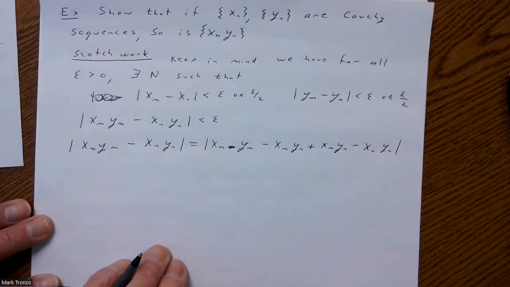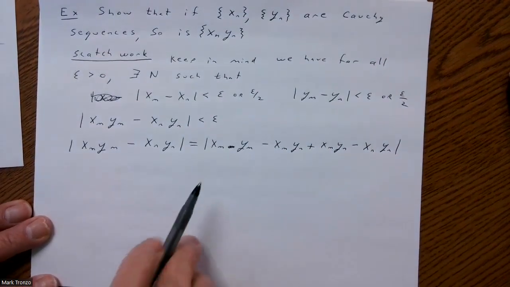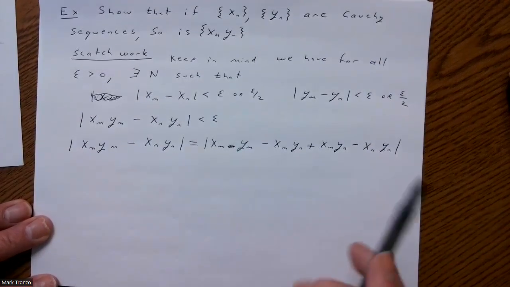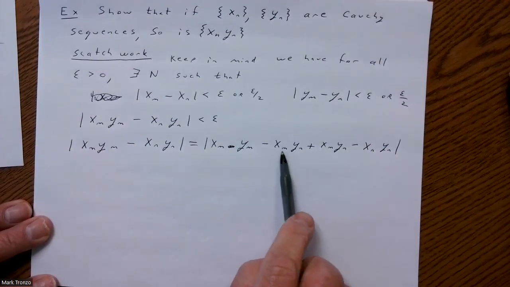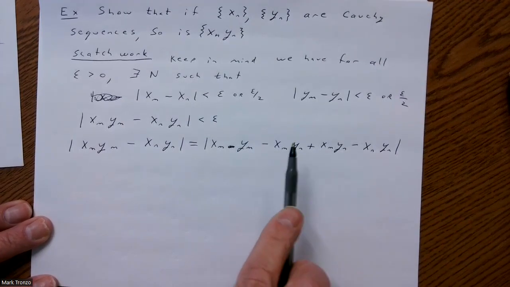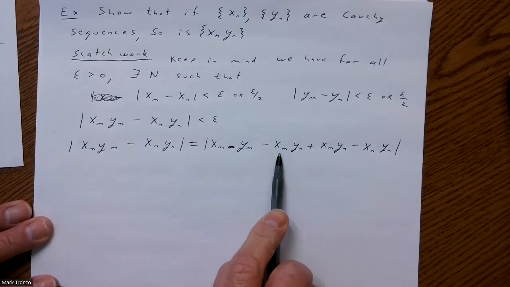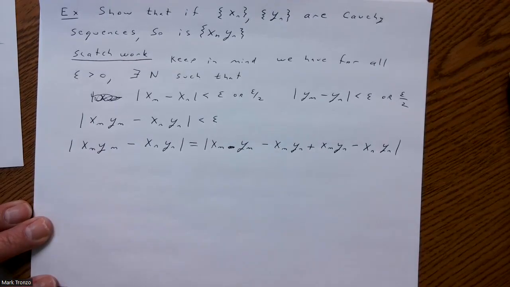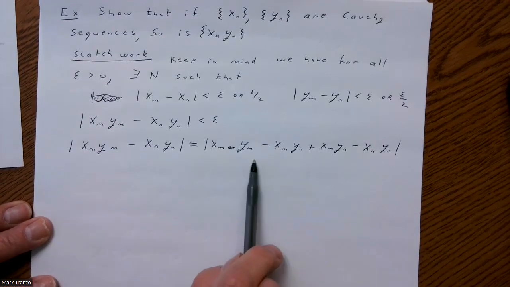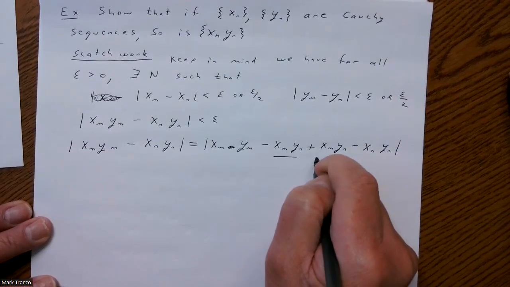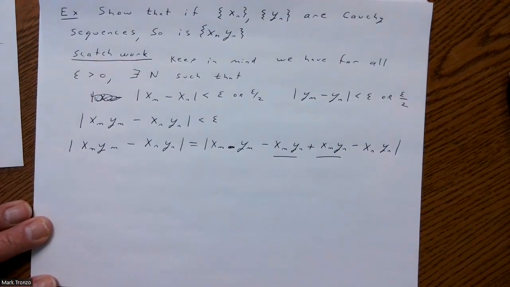And sometimes you may have to play with this a little bit to see, but often when you have these products, you have to add and subtract something. You could maybe try yn ym, or if you did xn ym it would probably also work. Just have to rearrange things a little bit. So we subtracted this and added this. So we added nothing, so we're allowed to do that.